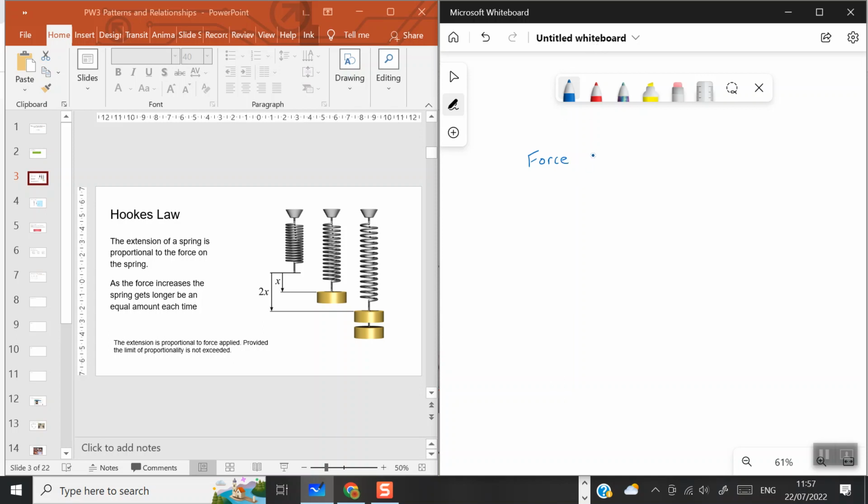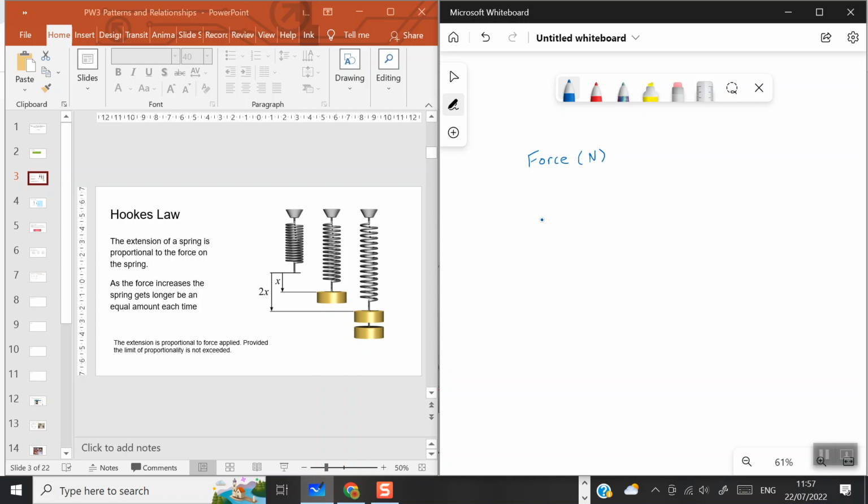remember a force can cause an object to move, change shape, change direction, speed up or slow down. Those are the things that a force does. And we measure force in newtons. We use the symbol N for newton.